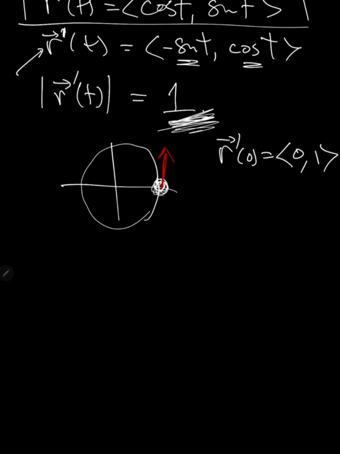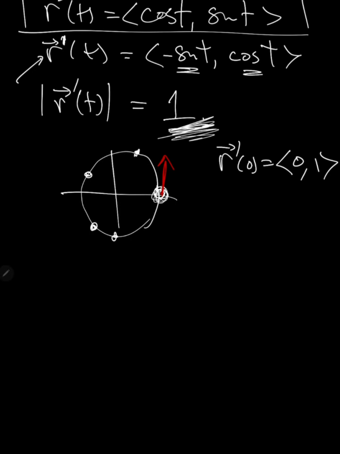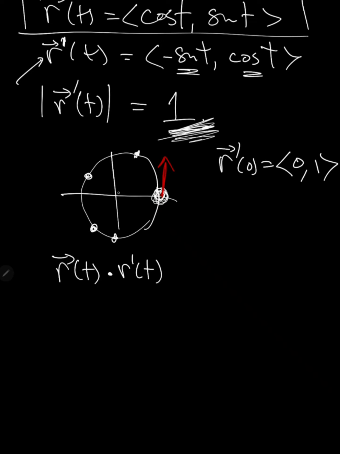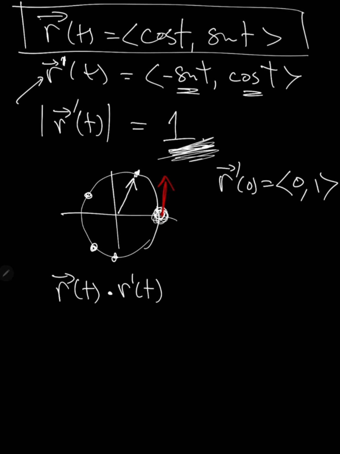For the circle, though, I can actually confirm that it works at every other point very easily, because I can just take the dot product r of t dot r prime of t. Because this is the circle, r of t always points directly from the origin to the circle, and my tangent vector should be perpendicular to that.